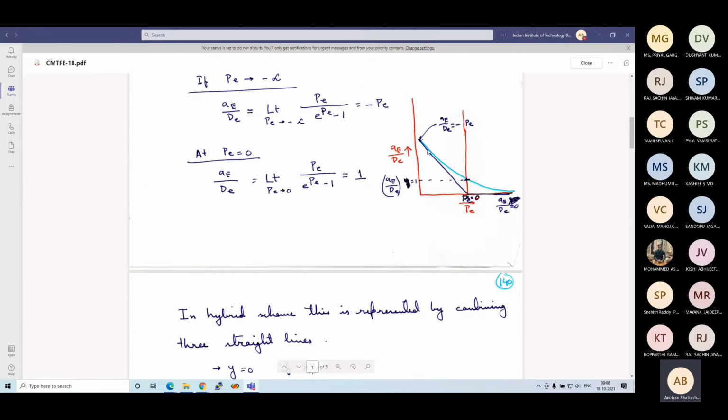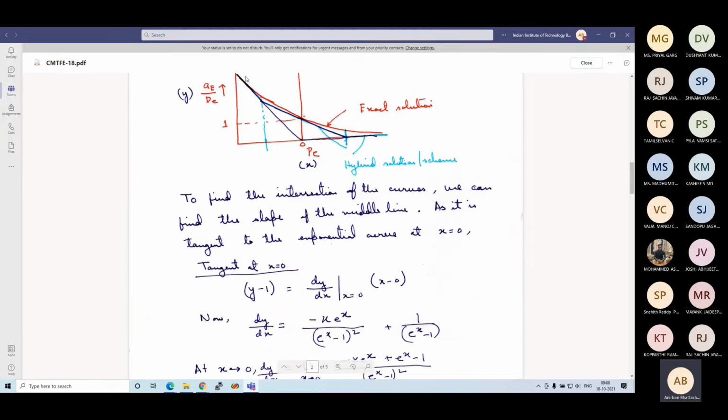I will not go into the details, we already discussed this. But instead of the curve in the exponential scheme, we approximated it using three curves for the hybrid scheme: one from minus infinity to minus 2 Peclet number, then from minus 2 to plus 2, and another from plus 2 to positive infinity Peclet number.